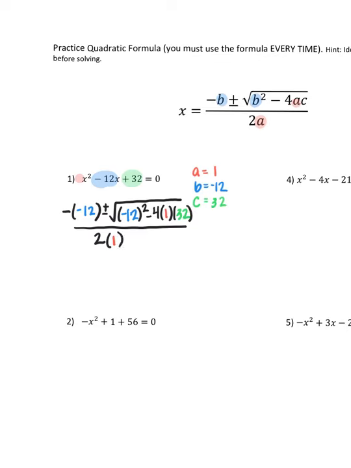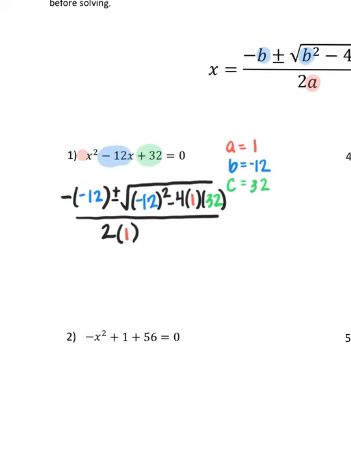Okay, now we're just going to go through step by step and simplify. So negative negative 12 makes that positive 12 plus or minus the square root of negative 12 squared. So negative 12 squared is positive 144. And then we have negative 4 times 1 is negative 4.